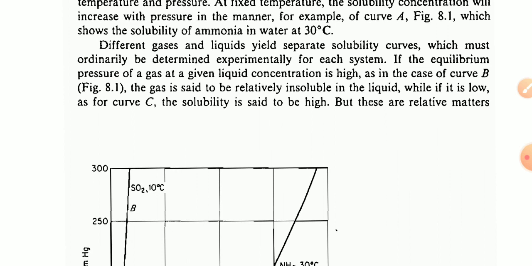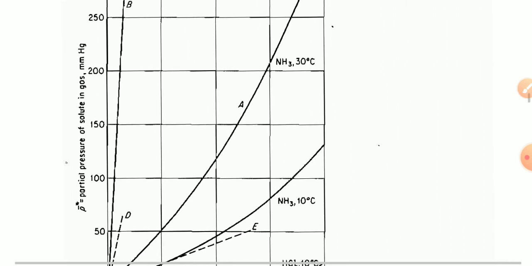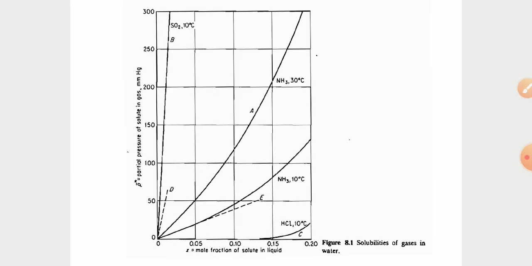If the equilibrium pressure of a gas at a given liquid concentration is high, as in the case of curve B, the gas is said to be relatively insoluble in the liquid, while if it is very low, as for curve C, the solubility is said to be high. Curve C is for HCl, the dotted line E is ammonia at 10 degrees Celsius, and the other is ammonia at 30 degrees.